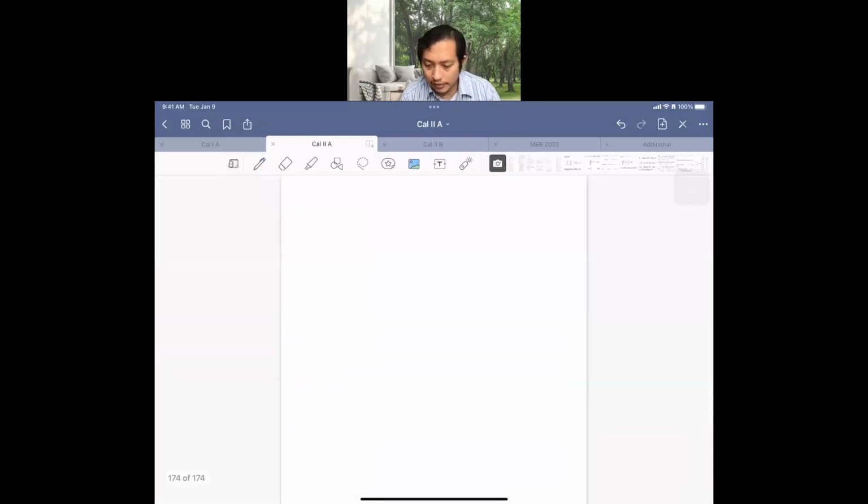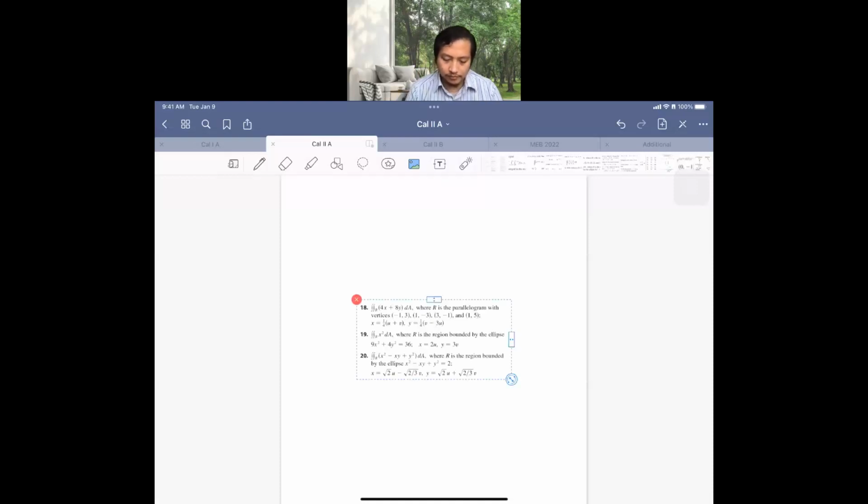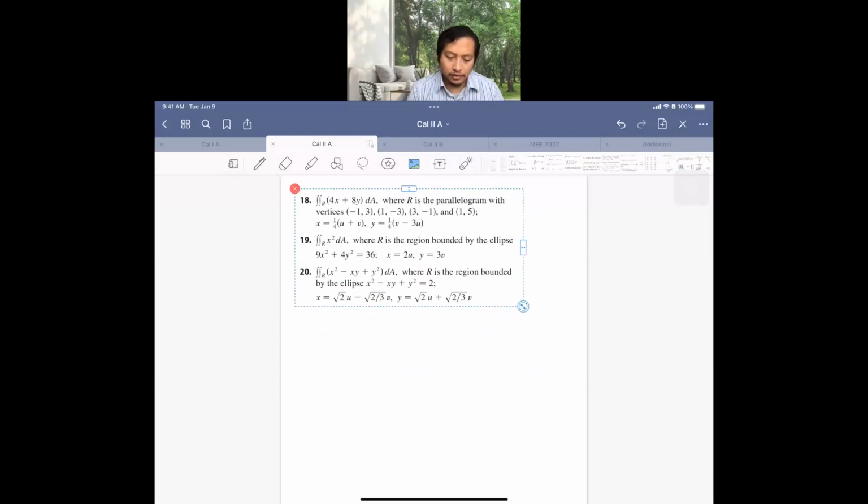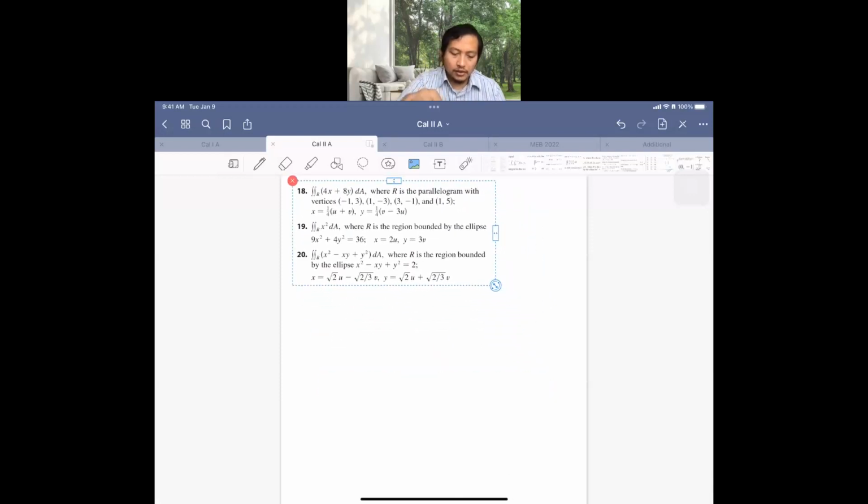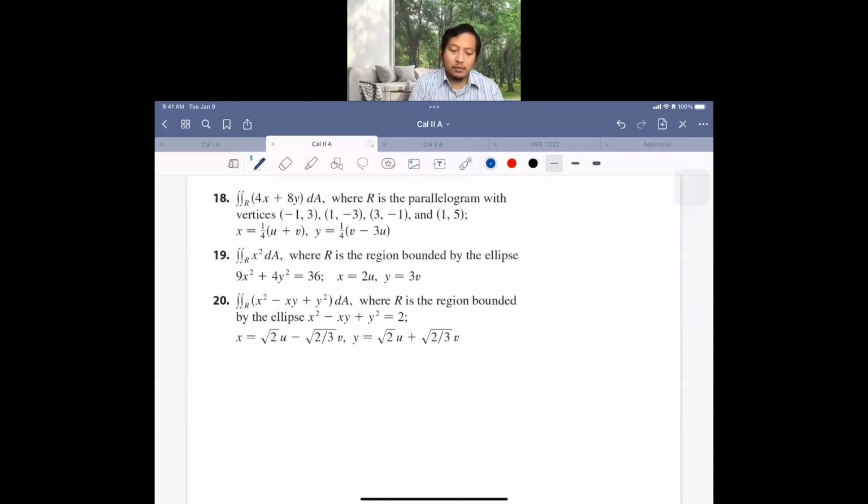Let me check whether I have unwrapped the other questions. Okay. Now we need to compute the double integral with some region R as follows, and we have given suggestions for the transformation. Maybe we start with number 19 because it's an ellipse, so it's not our usual question.